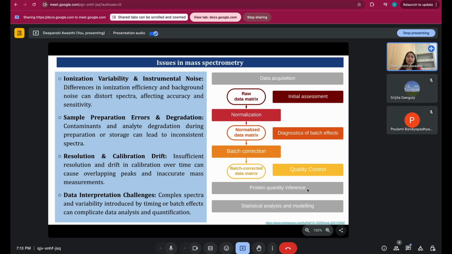Then protein quantity inference: because abundance is given by the mass spectra, you can distinguish among different peptides, and if a large number of peptides correspond to a single protein, that protein is overexpressed in that sample. After batch corrections, statistical analysis can be performed to make and test further hypotheses and accept them.